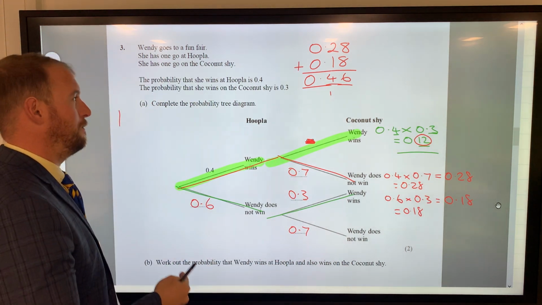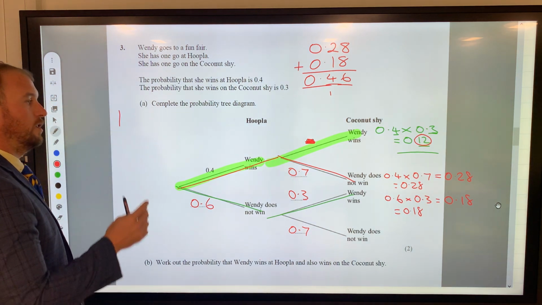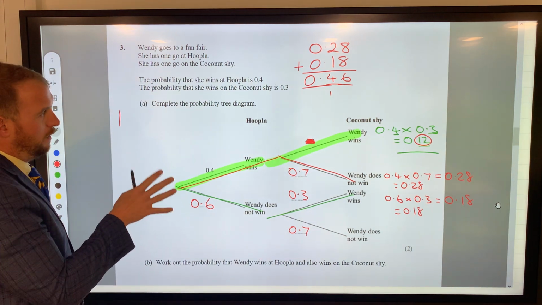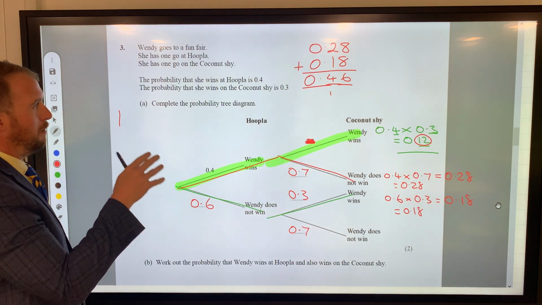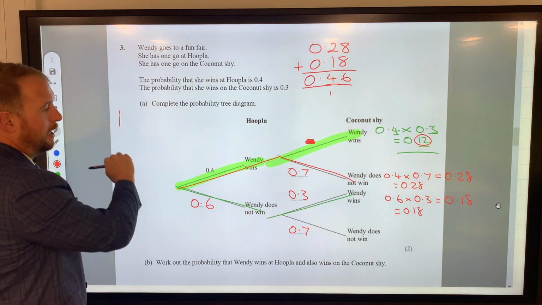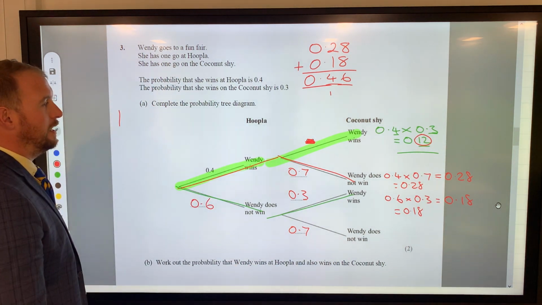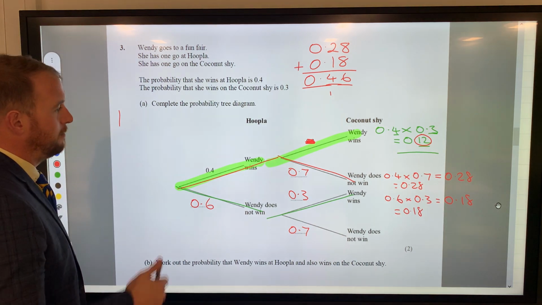So be careful, there are a lot of different variations. So I know there's a lot of information there. Hopefully that's made a bit of sense. You might want to write down a few things, especially this, they're both adding up to make one, and then be careful with how many different avenues you could take to get your correct answer. Hope it helps.